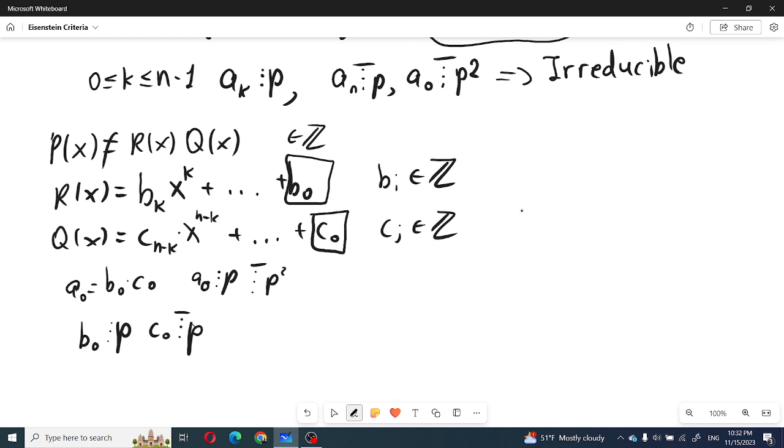Now look at the coefficient of x. How can we get the coefficient of x?